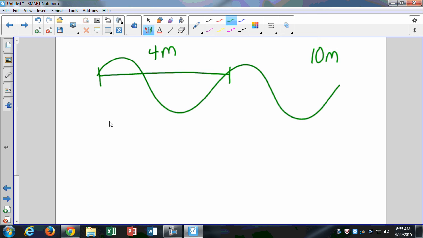That would mean that the next wave would start at 2 meters right here, and it would look like that. Would that be in phase or out of phase when they meet? Out of phase, because they're separated by half a wavelength.